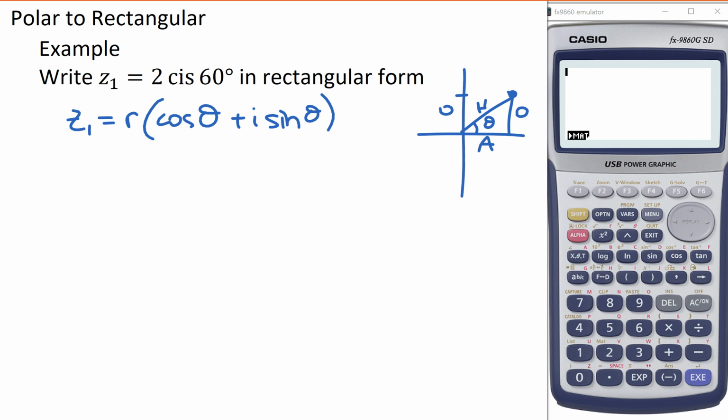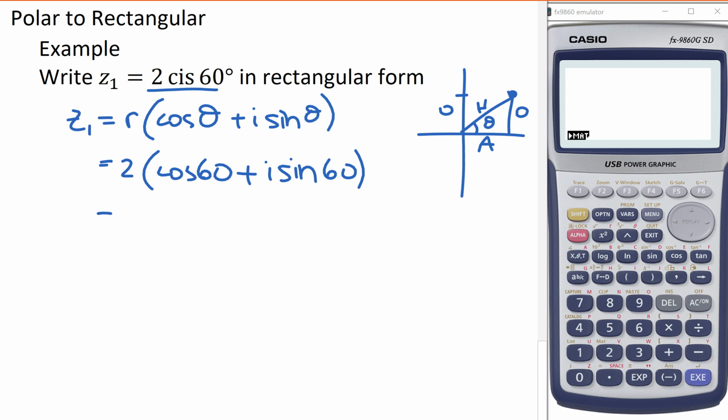So this here can be written as 2 times the cos of 60 plus the i sine of 60. Now cos of 60 is a half, and the sine of 60 is root 3 over 2.